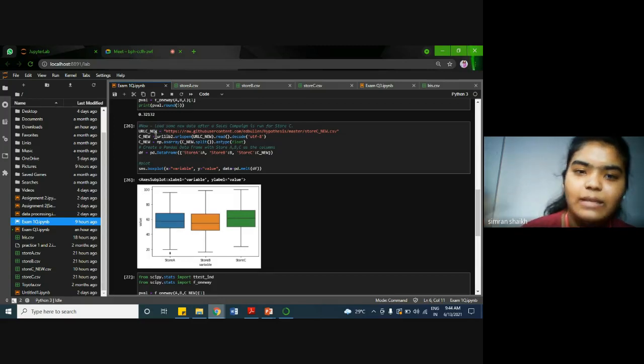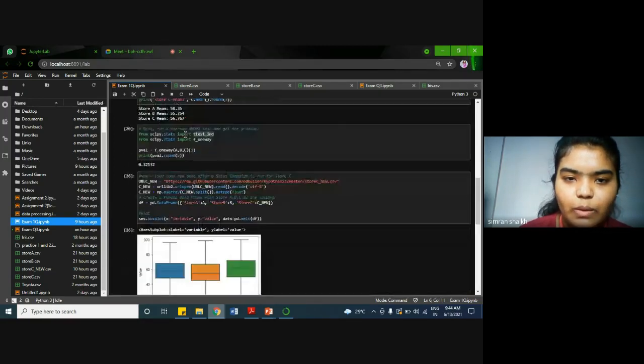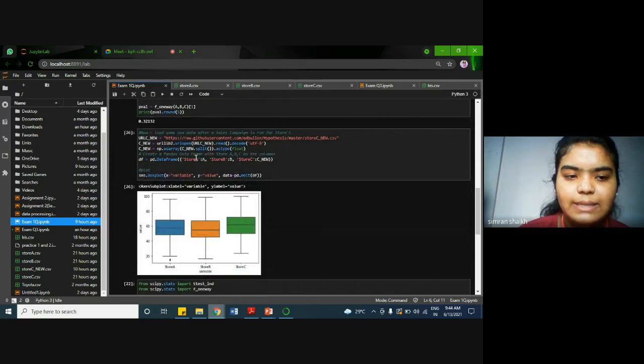Now here what we did, it's the same process that we are doing here, but just for C new. Here you are putting the address of the URL.